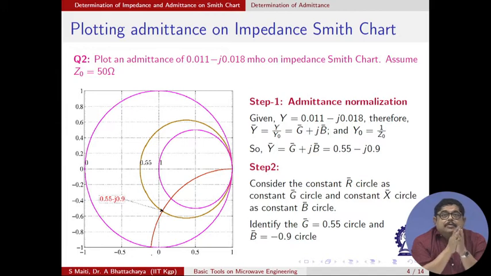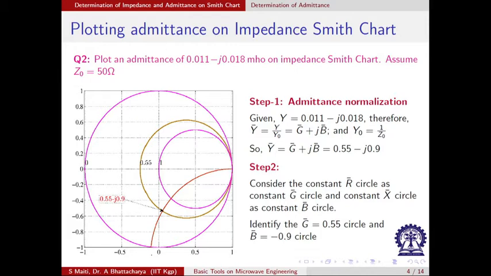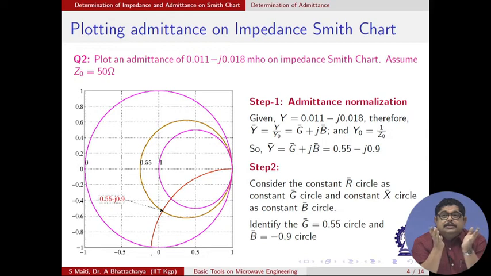Again, the first step is normalization. You normalize with respect to the characteristic admittance. For a characteristic impedance of 50 ohm, the characteristic admittance is 1 by 50 mho. You divide the admittance by the characteristic admittance, and you get the normalized admittance y bar as 0.55 minus j0.9.